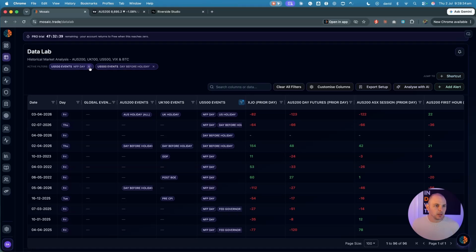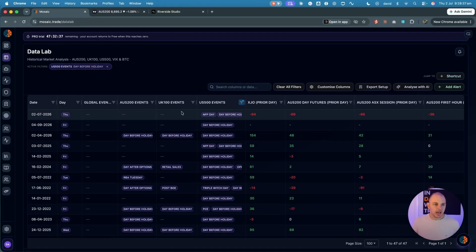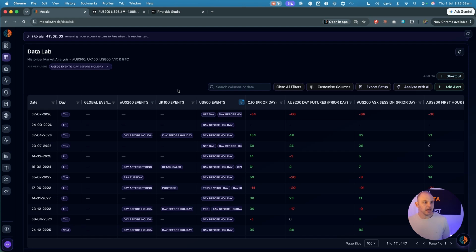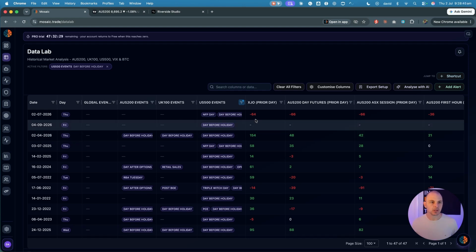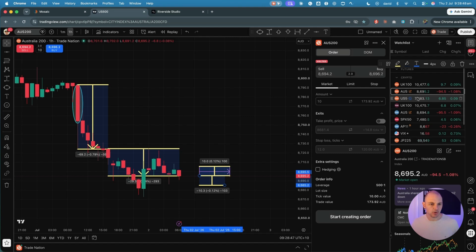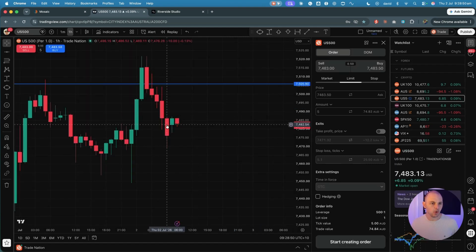It allows you to interrogate, okay, the US has got a holiday tomorrow, what normally happens? Just as an example I was looking at before, you can see that the US has gapped up on open, and that first hour has followed through with that momentum.